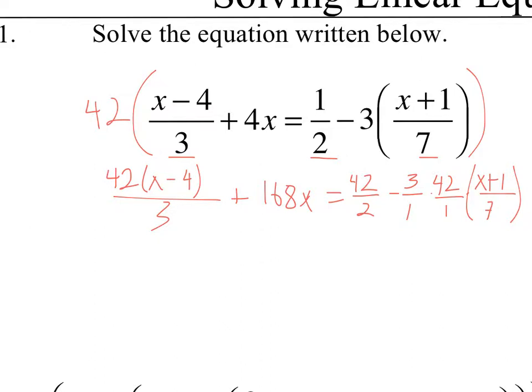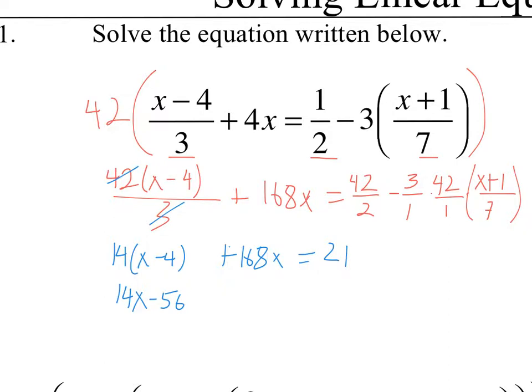Okay, 42 divided by 3 is going to be 14. So we get 14 times x minus 4, which is going to be 14x minus 56. I'm going to keep my 168x. On this side, we've got 21, because 42 divided by 2 is 21.